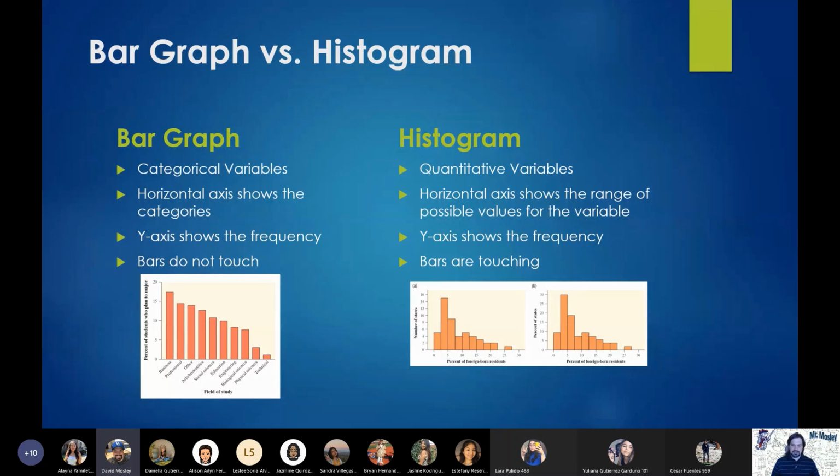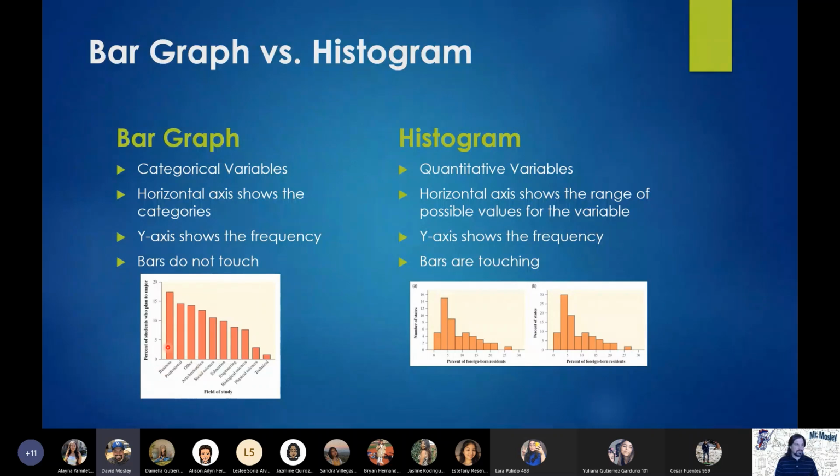Most of you already understand that a bar graph is used specifically for categorical variables, and a histogram is used for quantitative variables. That's the main distinction. On a bar graph, the horizontal axis shows categories, like in our example down here, we have a field of study.